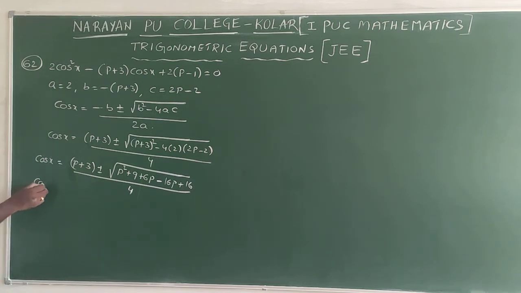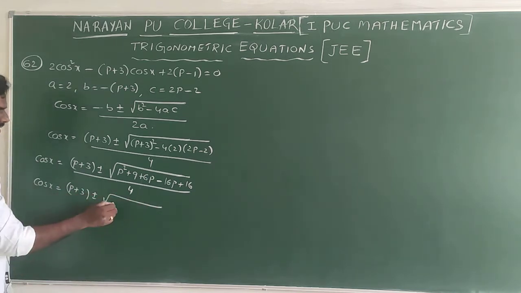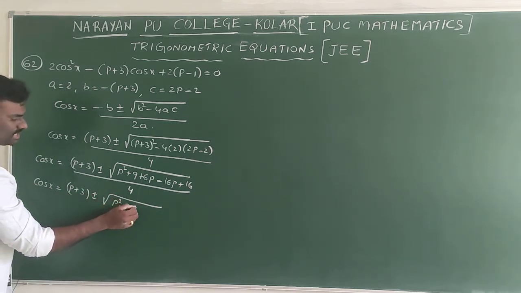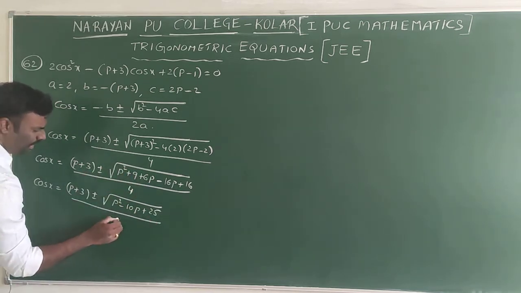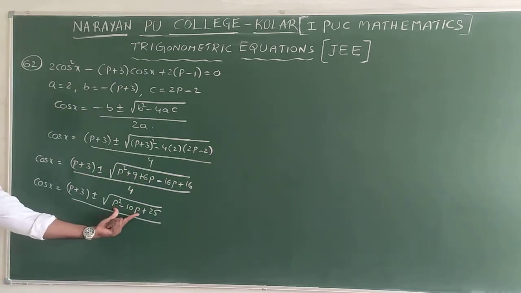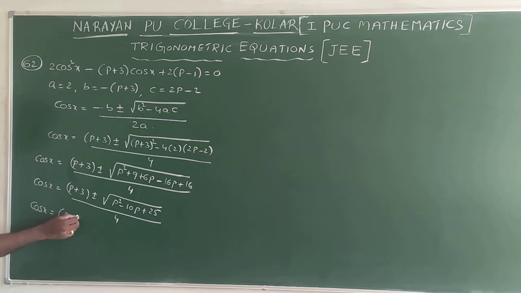Now cos x is equal to p plus 3 plus or minus, this can be written as p square minus 10p plus 25 by 4. This can be written as a minus b whole square, (p minus 5) whole square, then p plus 3 plus or minus p minus 5. Actually whole square will come, square and root get cancelled.